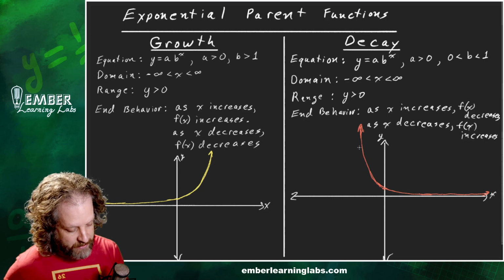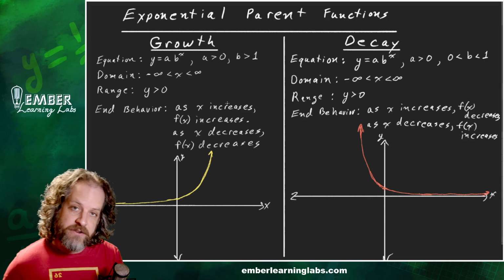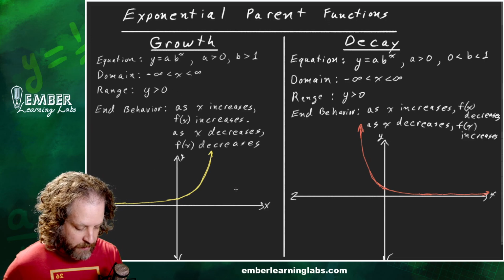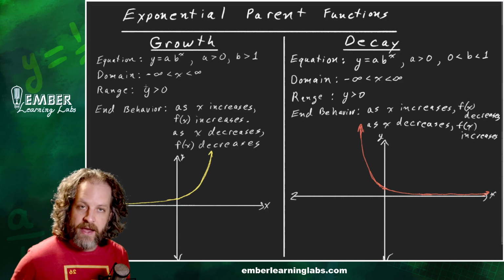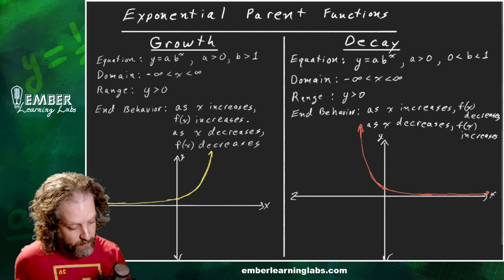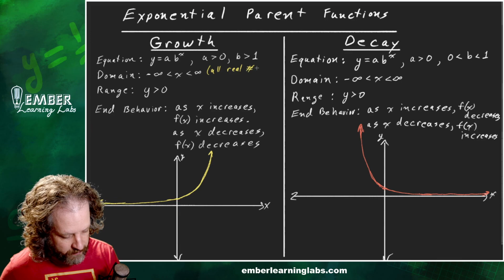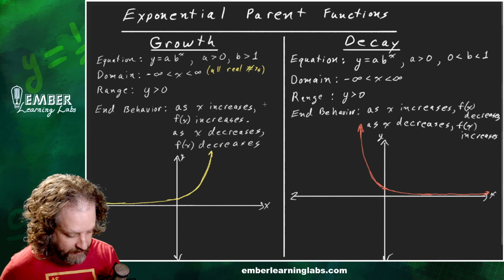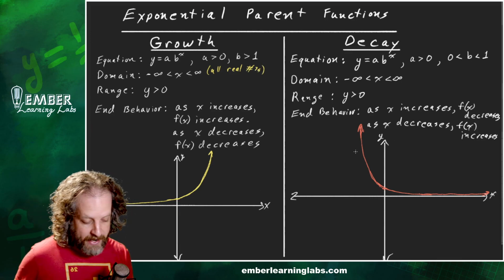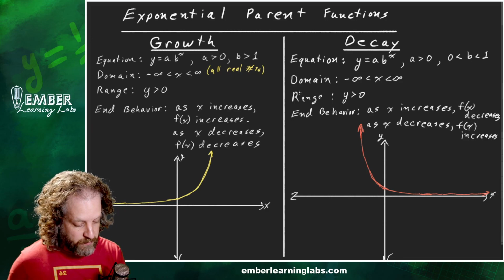So that is how you get the one or the other. The domain and range are the same. The domain goes from negative infinity to positive infinity on the x. Another way to write that is all real numbers, and that's true for both of these.